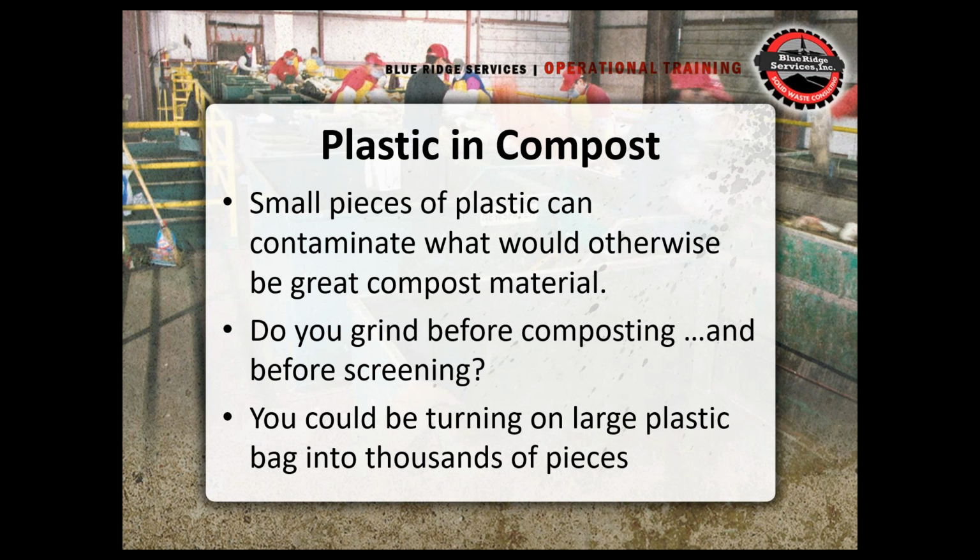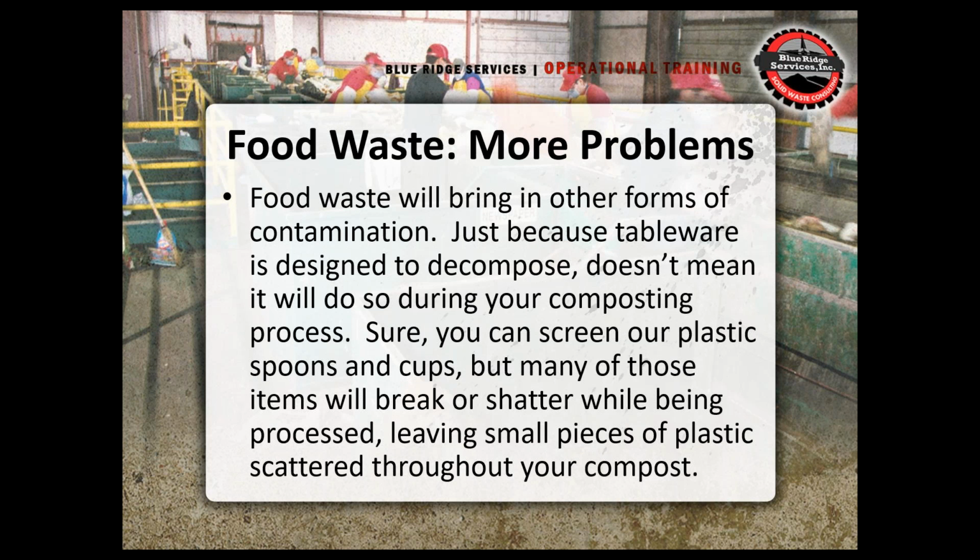Everybody has a process where they get in green waste, they maybe blend in food waste, they grind it, they compost it, they turn it a bunch of times, and then they screen it. By the time they've done that, they've taken every large piece of plastic and trash and turned it into thousands of little pieces that are hard to extract. So, do you need to grind first? Can you compost first? Can you turn it in bulk with a loader and not grind it and let that thing go through the trauma so you can keep that plastic in big pieces where you can extract it? Different things to think about here.